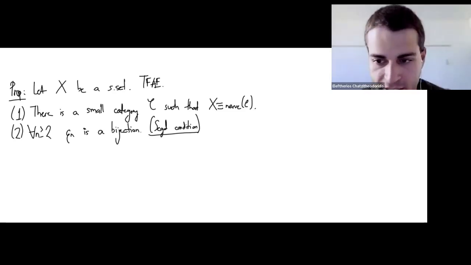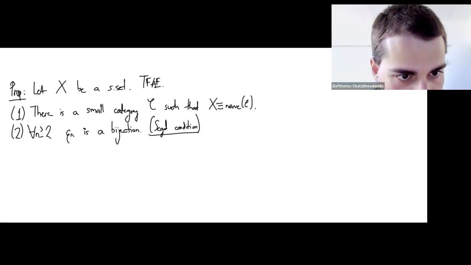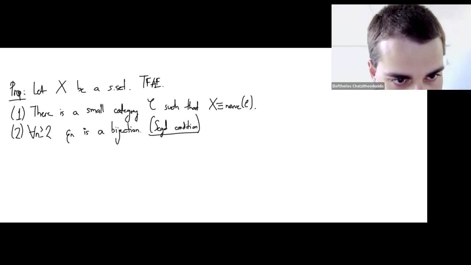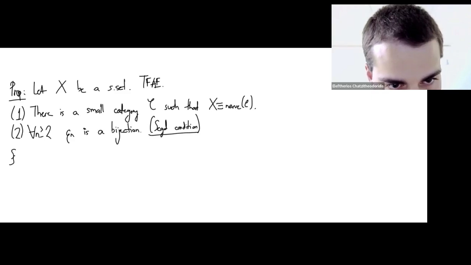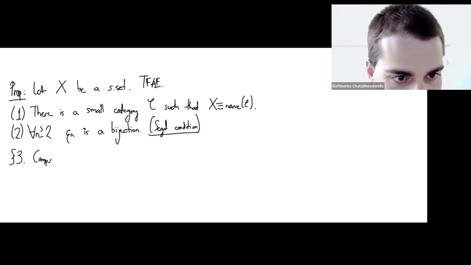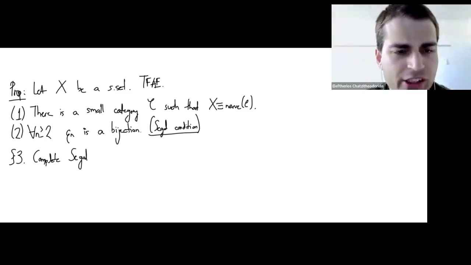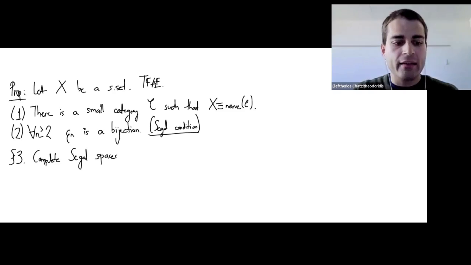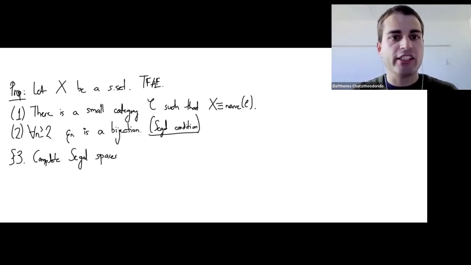And now this gives us a nice hint about how to encode categories up to homotopy. So this leads us to complete Segal spaces. The problem is that in our setting right now, because phi n is a map of sets, there's no natural way to weaken the notion of a bijection for sets.